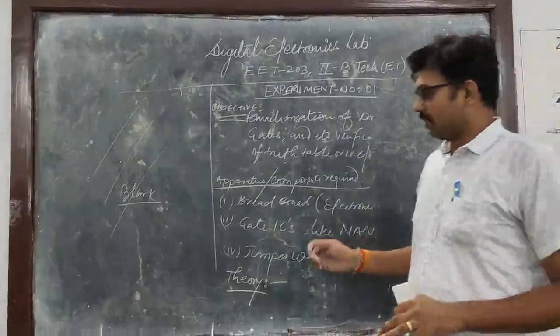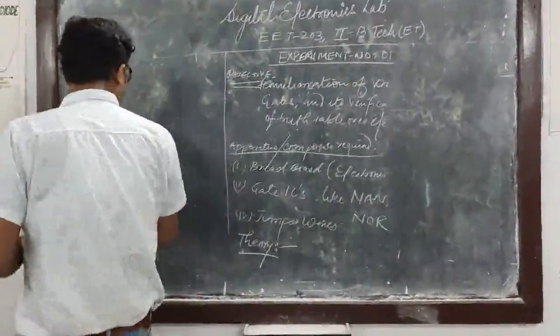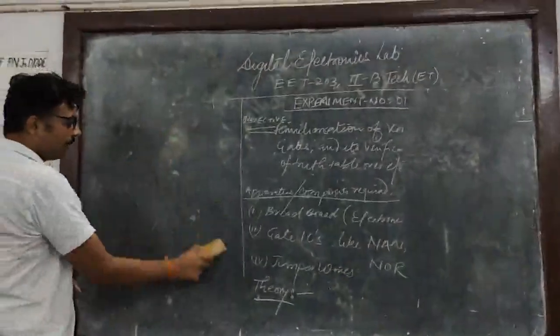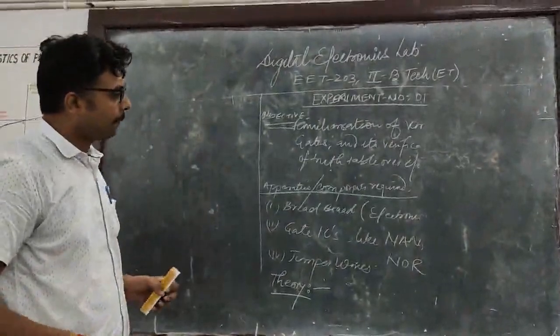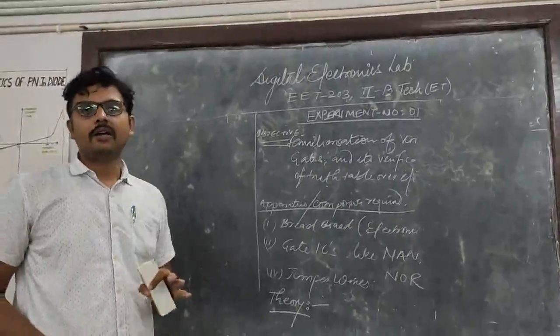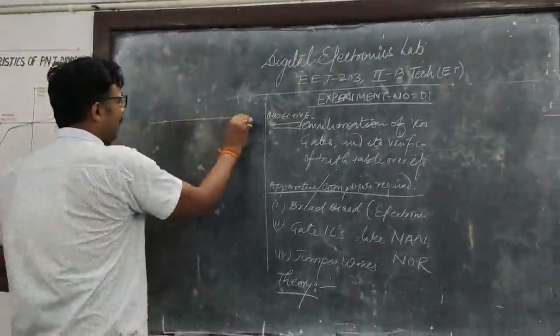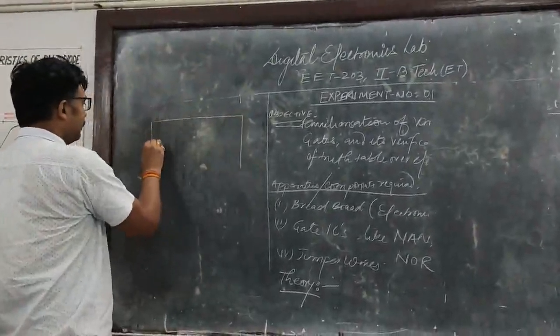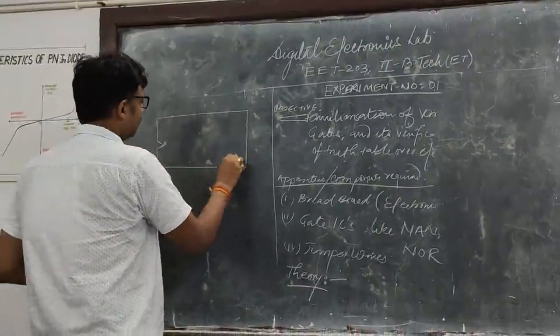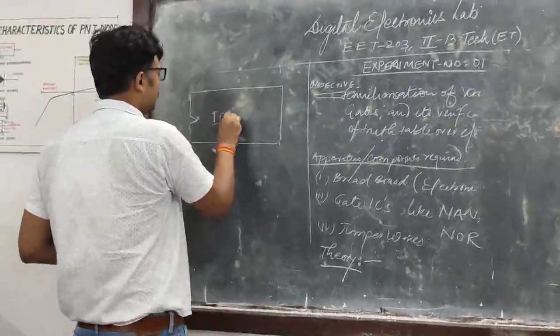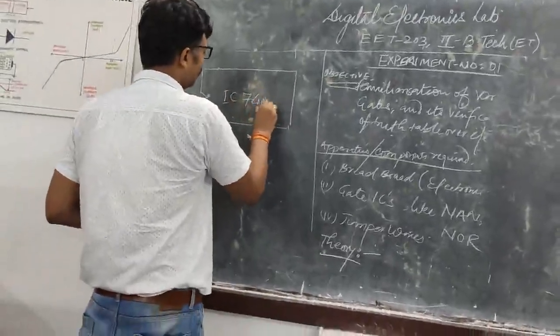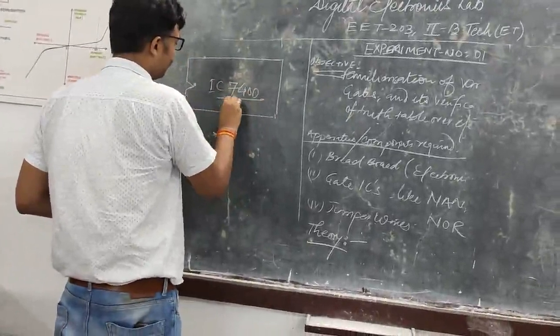And this is the time when you utilize the blank page for the internal circuit diagram of each gate. As I told you yesterday, suppose I am taking IC 7400, which is basically for NAND.